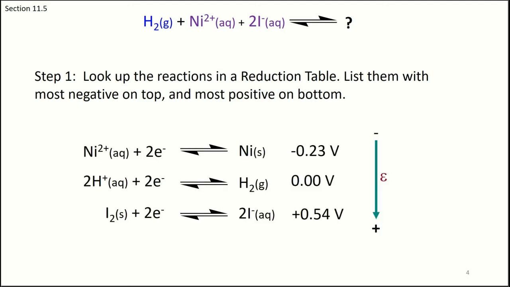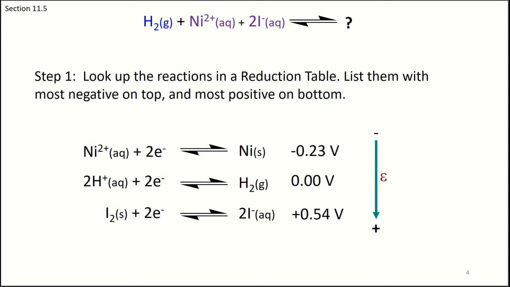If we do that, this is what we come up with. Notice that first I encounter the reaction including nickel 2 plus with a potential of negative 0.23 volts. So I want to write that one first, at the top. Then I come across the reaction that includes hydrogen gas. This is the standard hydrogen electrode, and this has 0 volts associated with it.